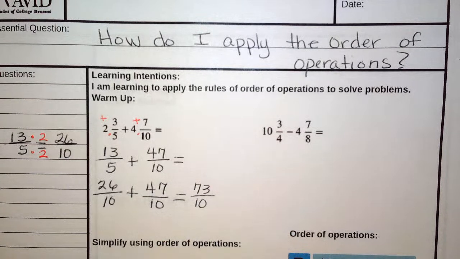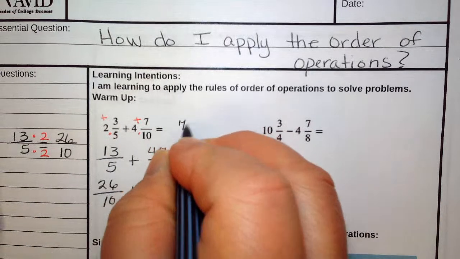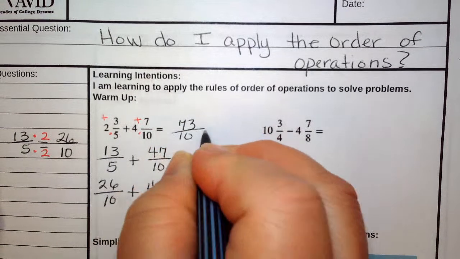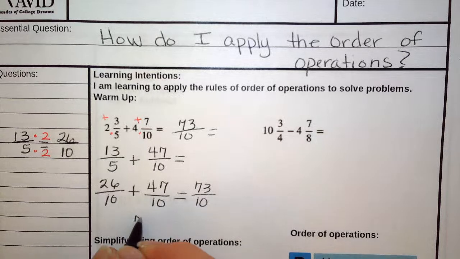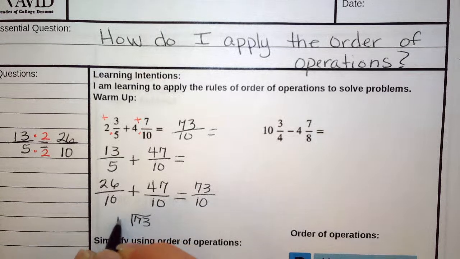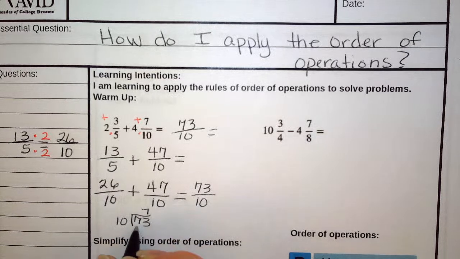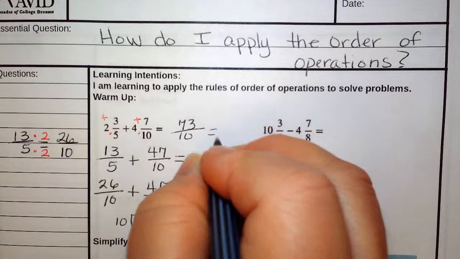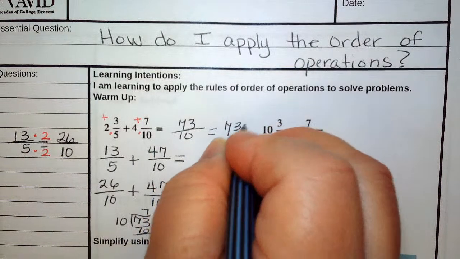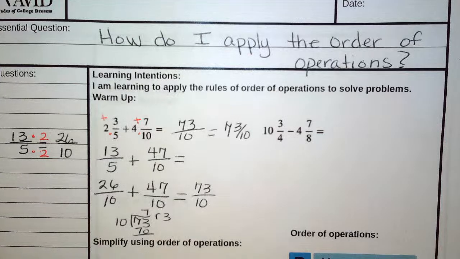Okay, 73 over 10 is a perfectly good number. But if I wanted to change it to the mixed number, 73 divided by 10 is 7. I've got my remainder of 3, so this would be 7 and 3/10. And I'm done.